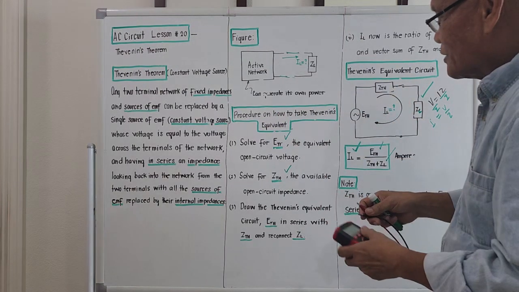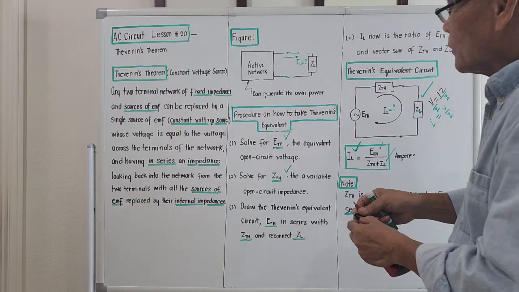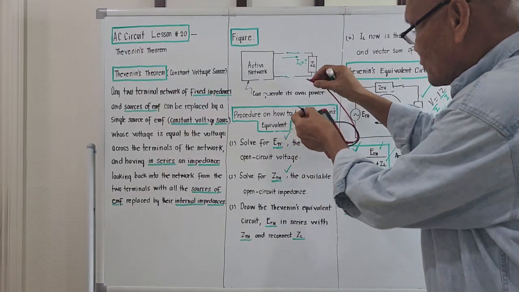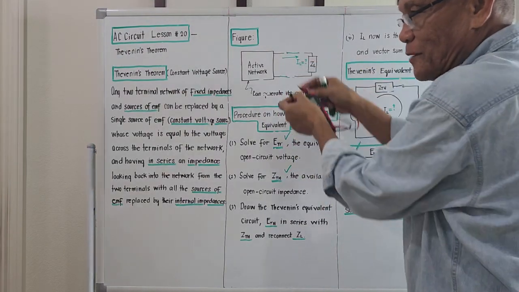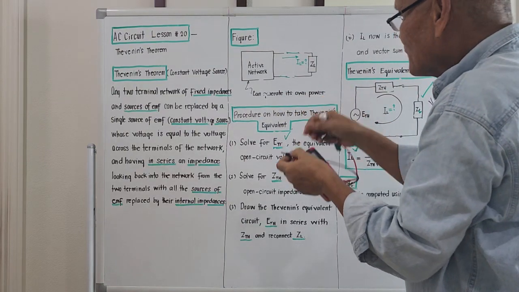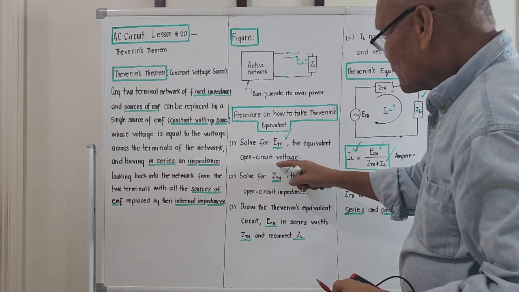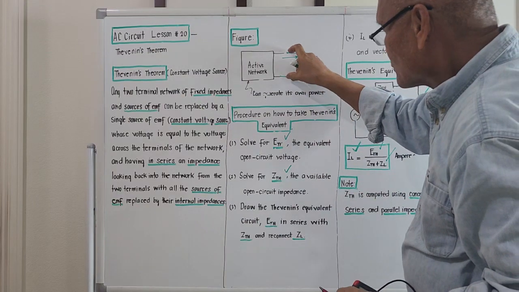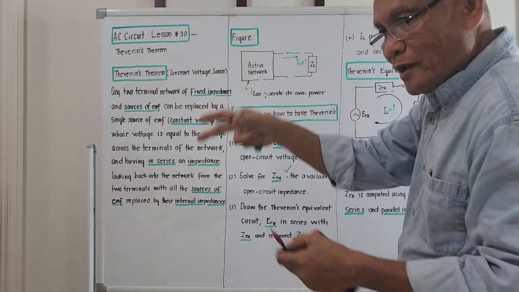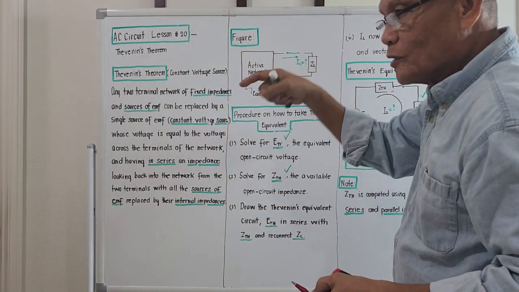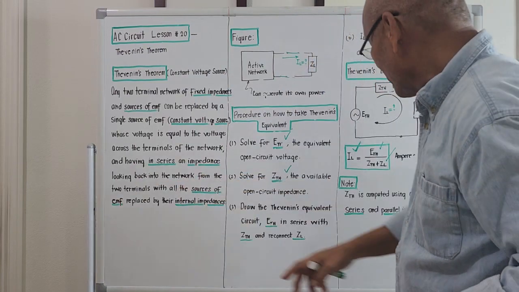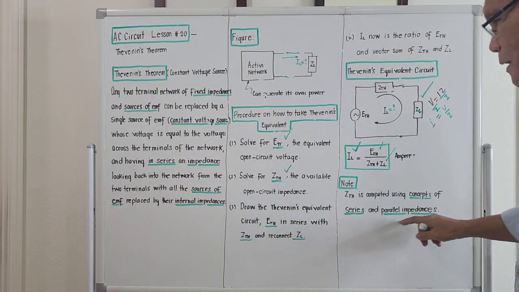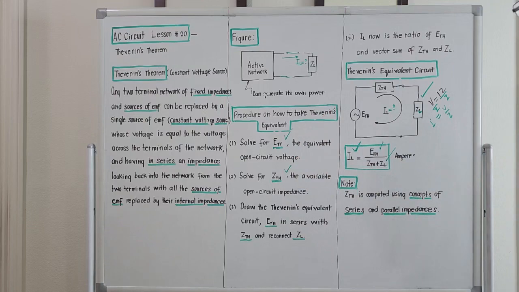With this multi-tester, actually we cannot measure impedance over here. I'm just telling you that it seems Mr. Thevenin, to compute for ZTH, gets the impedance over here. But in actuality, ZTH is computed by using the series and parallel impedances concepts.